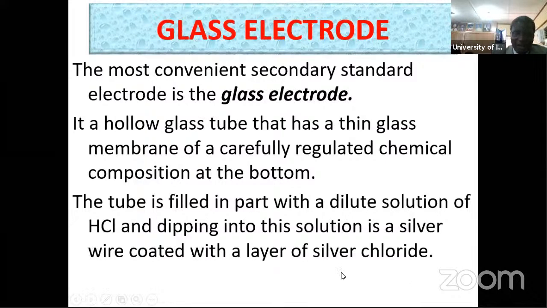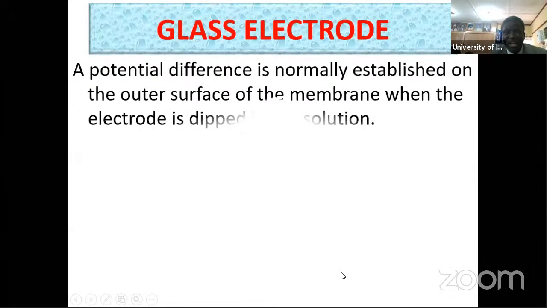Let me show you the diagram right away. Well, you still have some explanations before the diagram. The difference that you normally establish between what you have outside the membrane and what you have in the electrode that is deep into the solution is what actually gives you the pH of the solution that we are talking about.